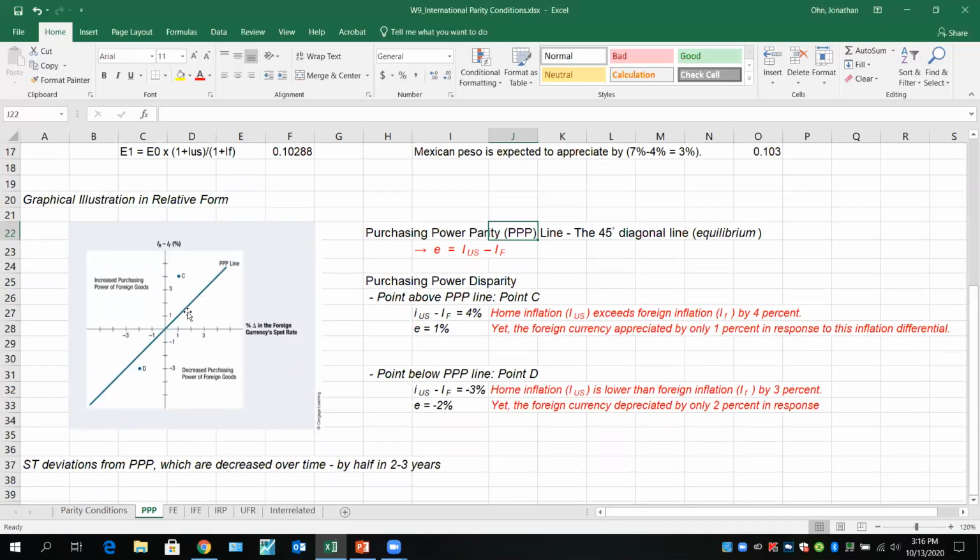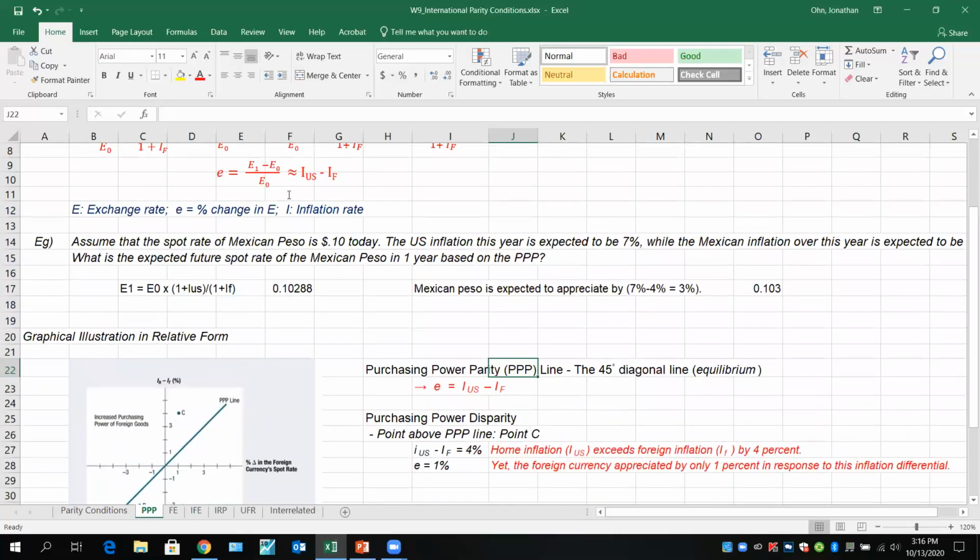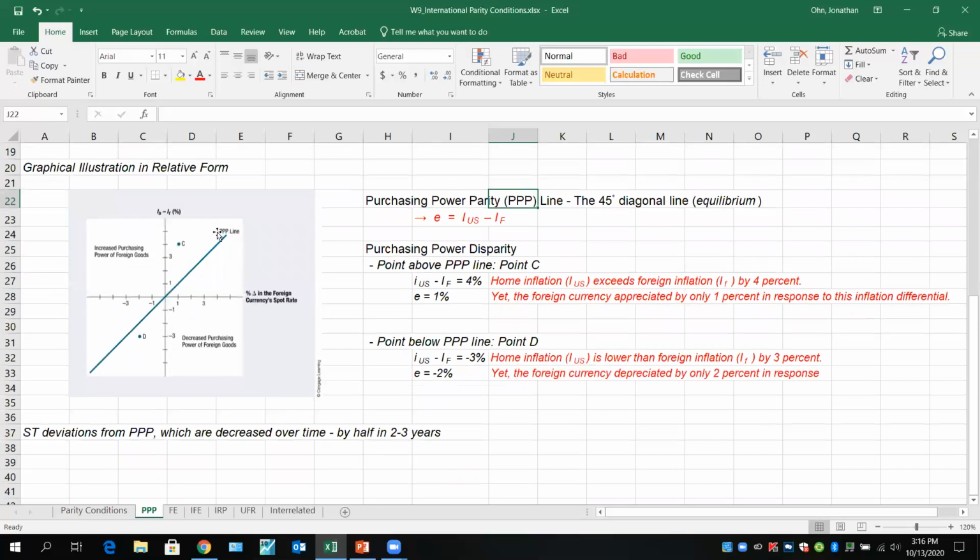So the 45-degree line is the line where the percentage change in exchange rate is equal to relative inflation. That's called purchasing power parity, so we call this line the PPP line. The PPP line is a 45-degree line, where the percentage change in exchange rate is equal to the inflation differential.